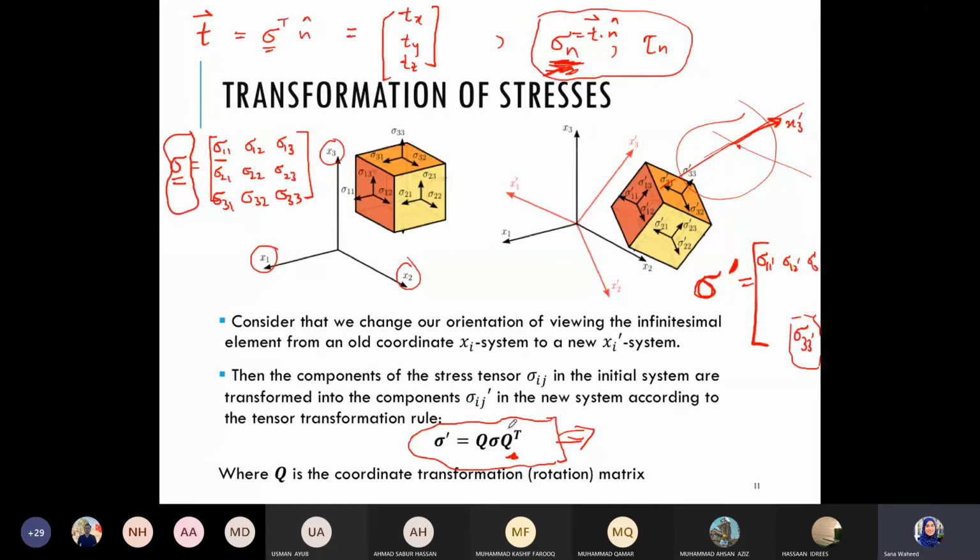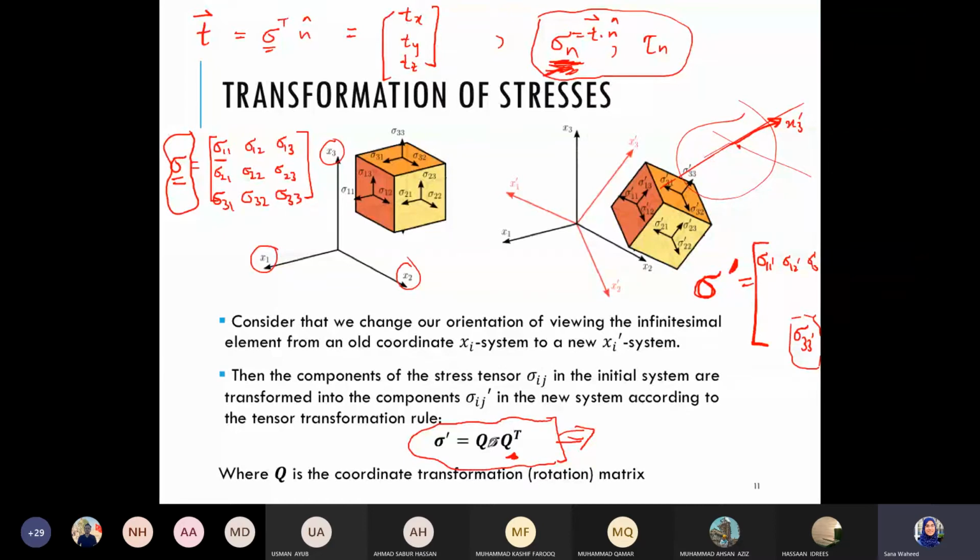Now please note that when we talk about the coordinate system, if you only translate, that's not changing the basis vectors, that's just changing the position of the origin. So Q does not contain within it translations, because that does not change our basis vectors.